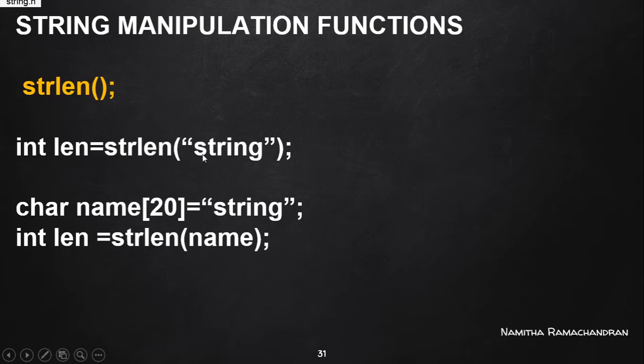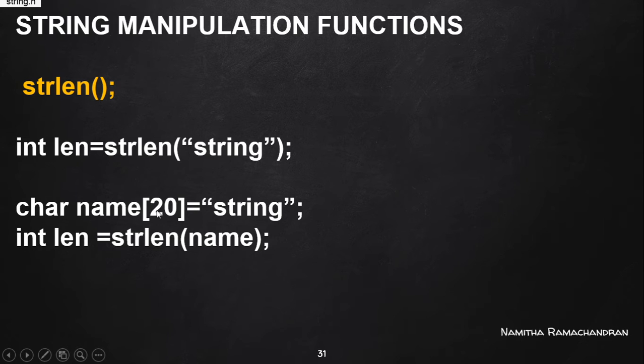Here the string length is 1, 2, 3, 4, 5, 6. So after executing strlen, it returns the integer value 6, which is loaded into this integer variable len. Here we have a character array and we store the string in it, and at the end it appends a null character.